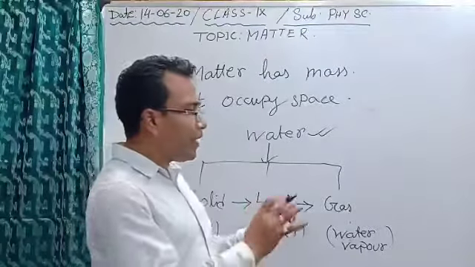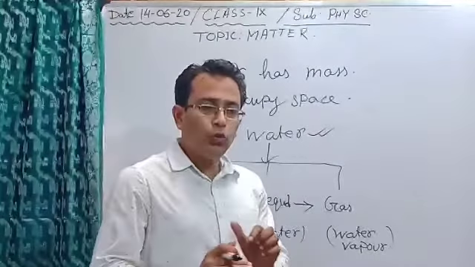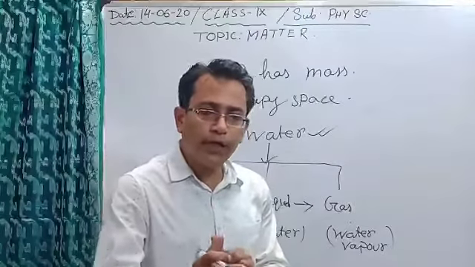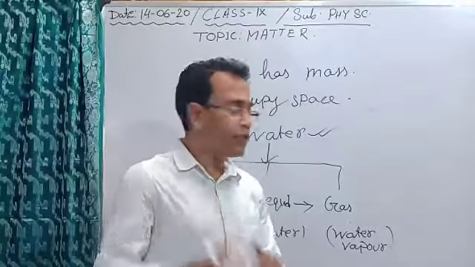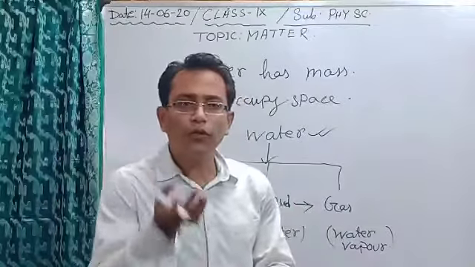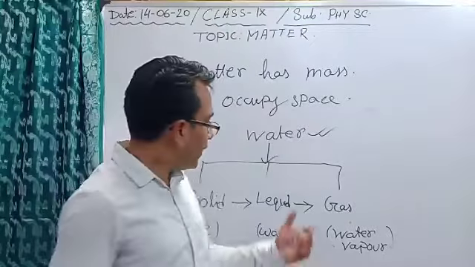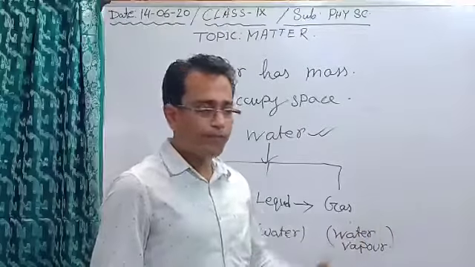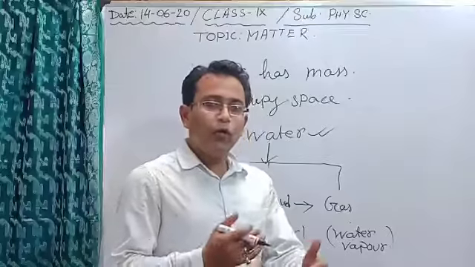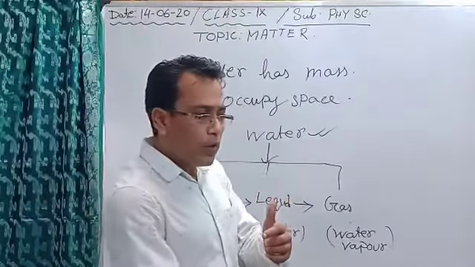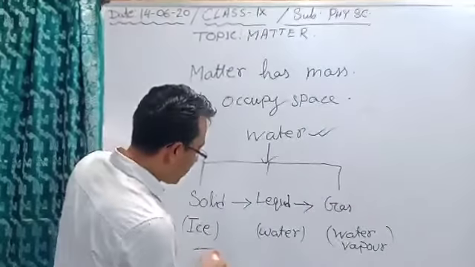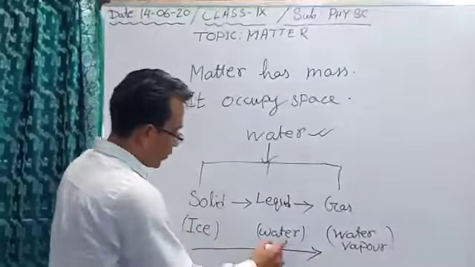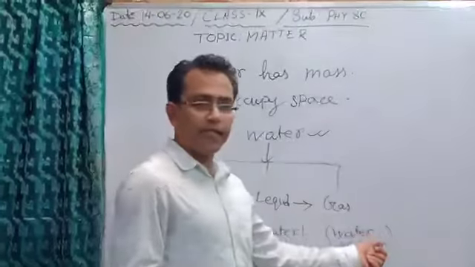And whenever a liquid starts to boil and evaporate, that is its boiling point, and when it evaporates, the liquid turns into vapor, which is the form of gas. Similarly, we can go in reverse. Here I moved in this way, solid to gas.